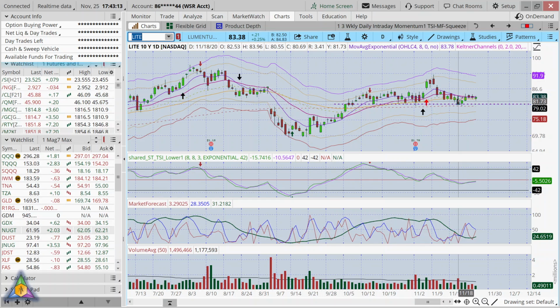So we got in right here, pulling back into this level of support, and now it's moved back up to the upside very nicely, up about $2.91. It's looking good. TSI is starting to move back up, and also this stock happened to have really good open interest on the options. It had monthly options, not weekly. No, I'm sorry about that.